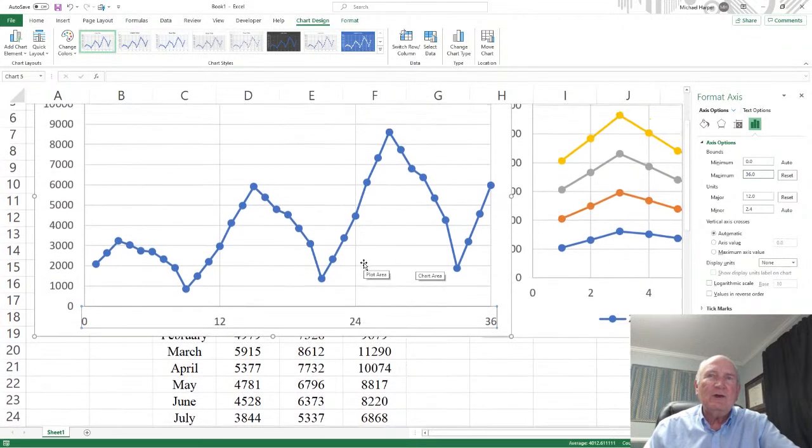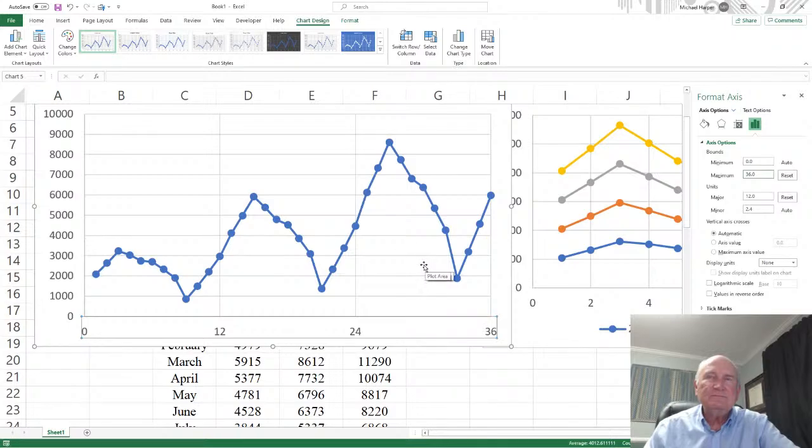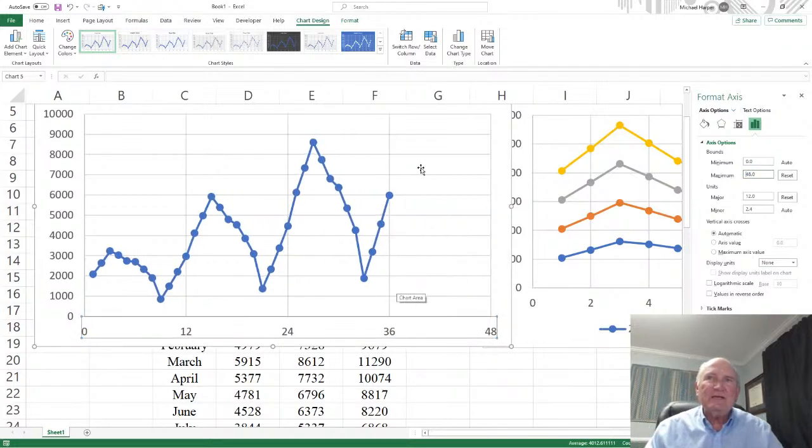And so we go right to 36. So there's a line plot. No. Let's not do that. Let's go to 48. Why? Because this next year is going to be the forecast. Okay. Now here you can see the trend, and every year it goes up, down, up, up, down, up, and so you can see the pattern repeating every year.